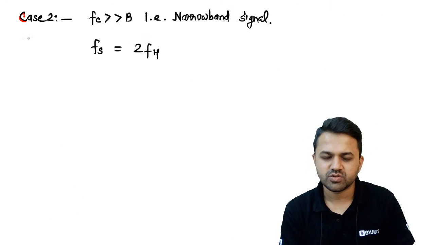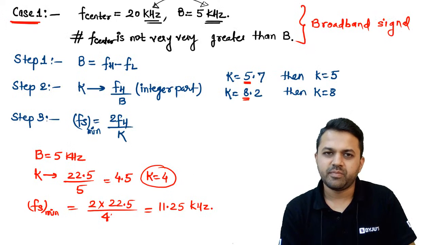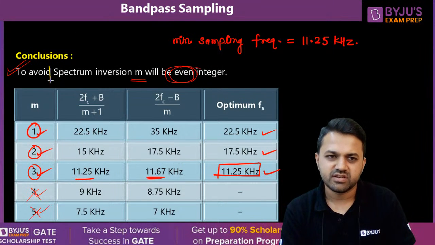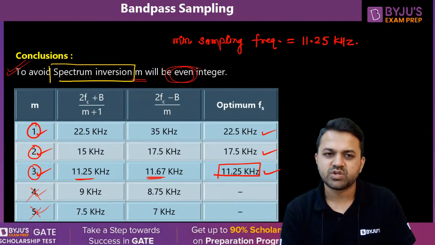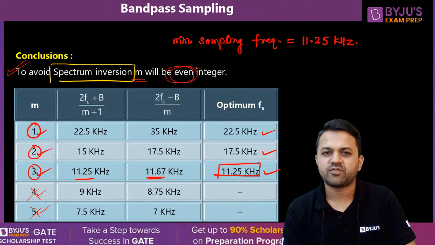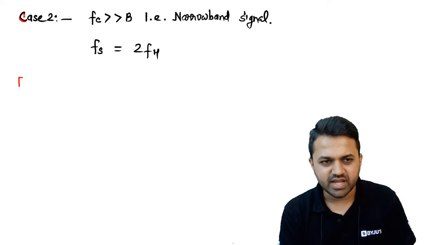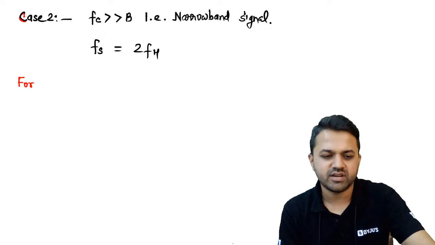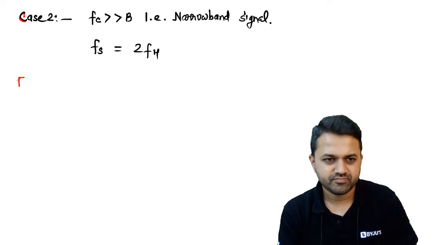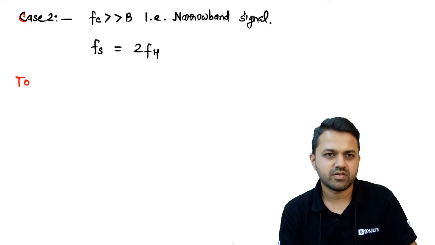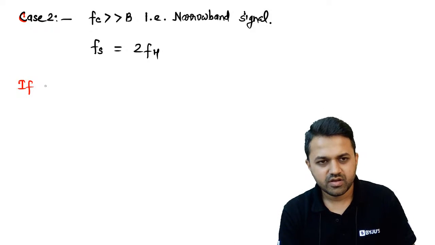So this is the 2 case, right? Whenever in the examination they ask you for the spectrum inversion, then you have to apply the formula that I have given you to avoid the condition of spectrum inversion.